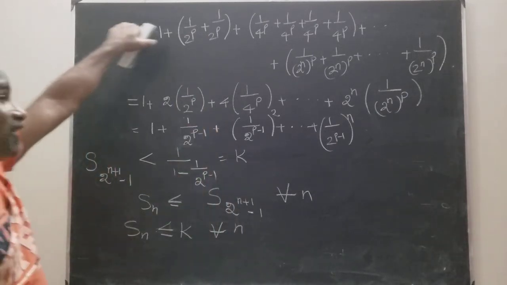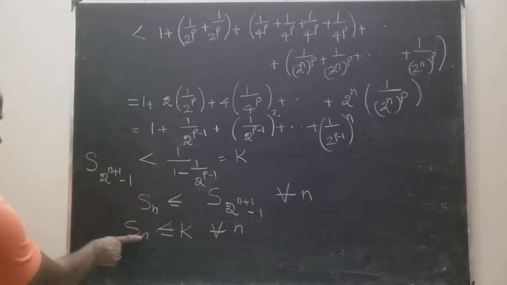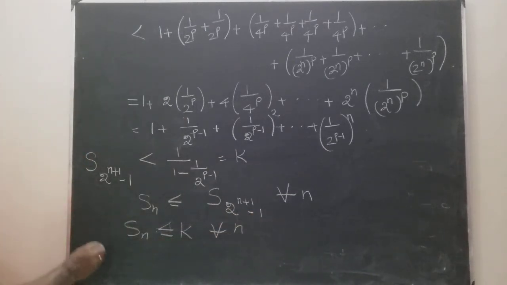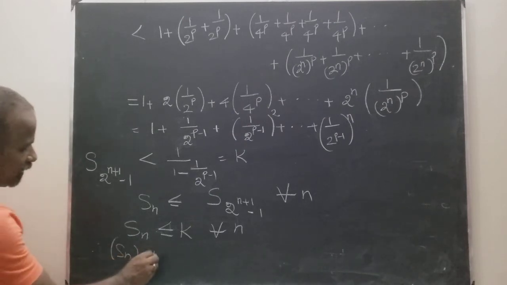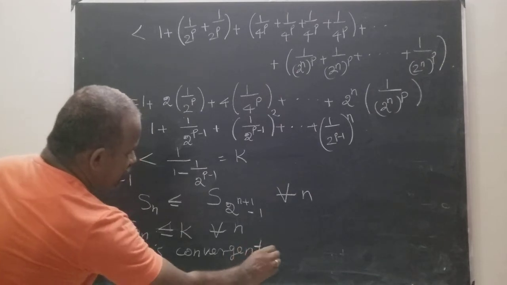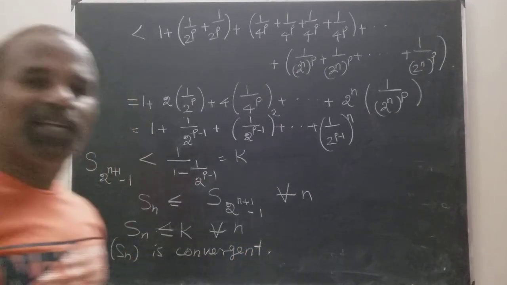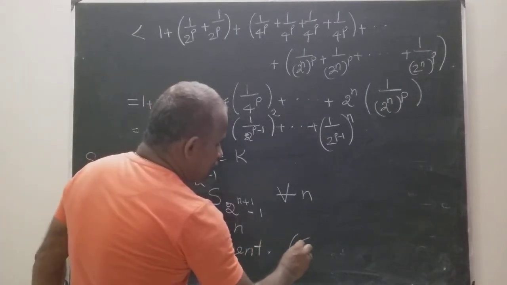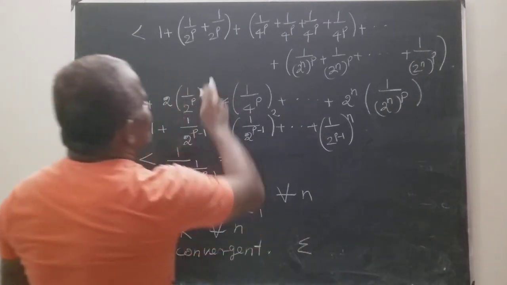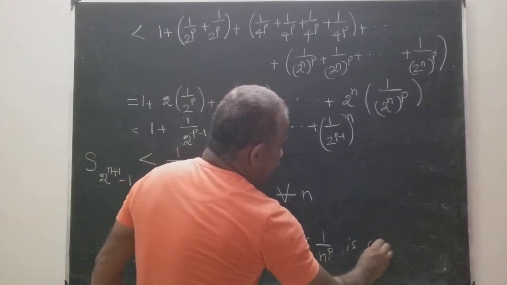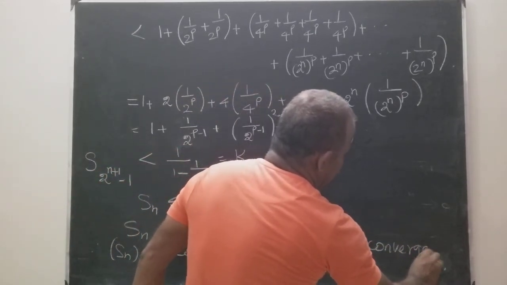Already I said Sn is a monotonically increasing sequence. Here Sn is bounded above. Therefore the sequence Sn is convergent, so the sequence of partial sums is convergent. Immediately we can say that the series sigma 1 by n power p is convergent.